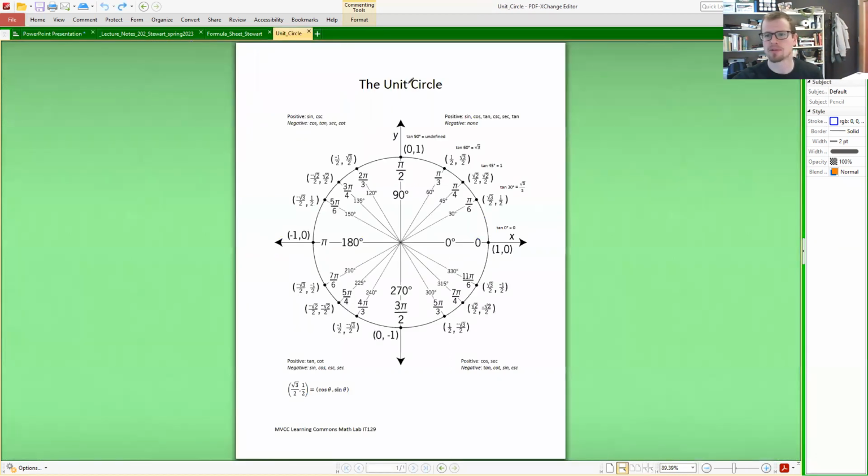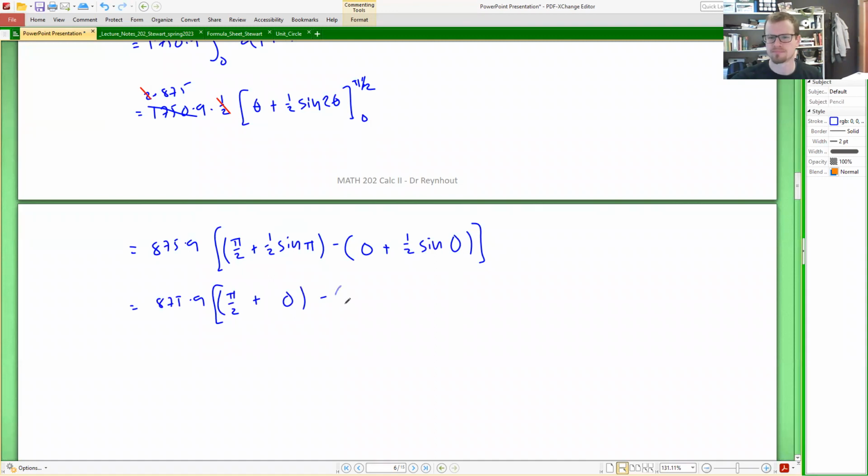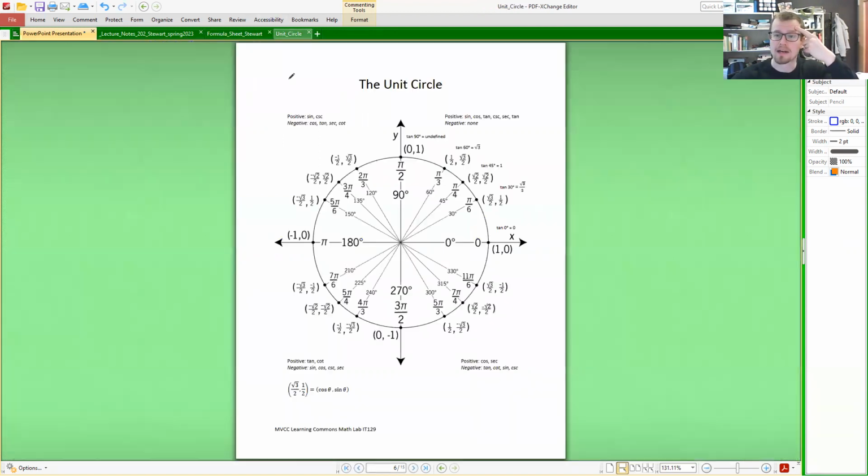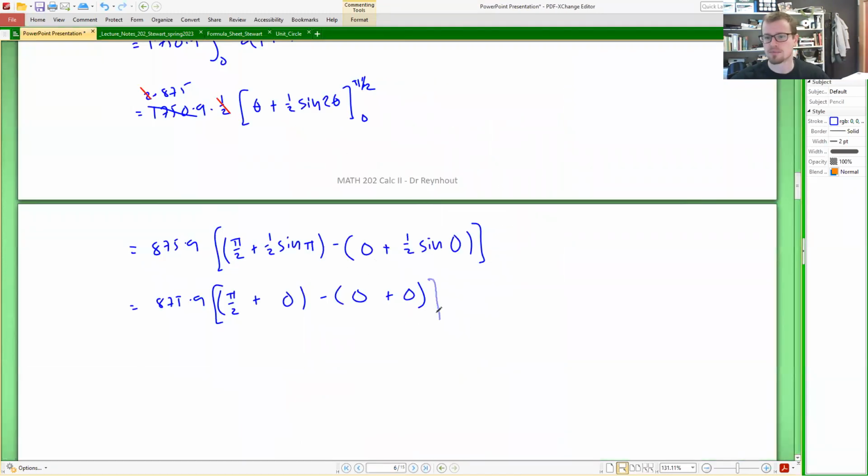Sine of 0 is 0, and the sine of pi is also 0. So it's a whole bunch of zeros. So this gives us 875 times 9 times pi divided by 2.